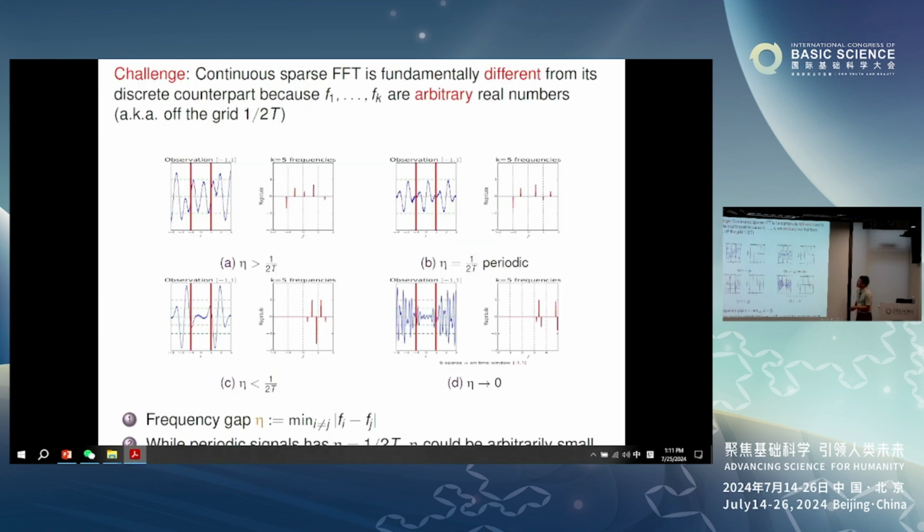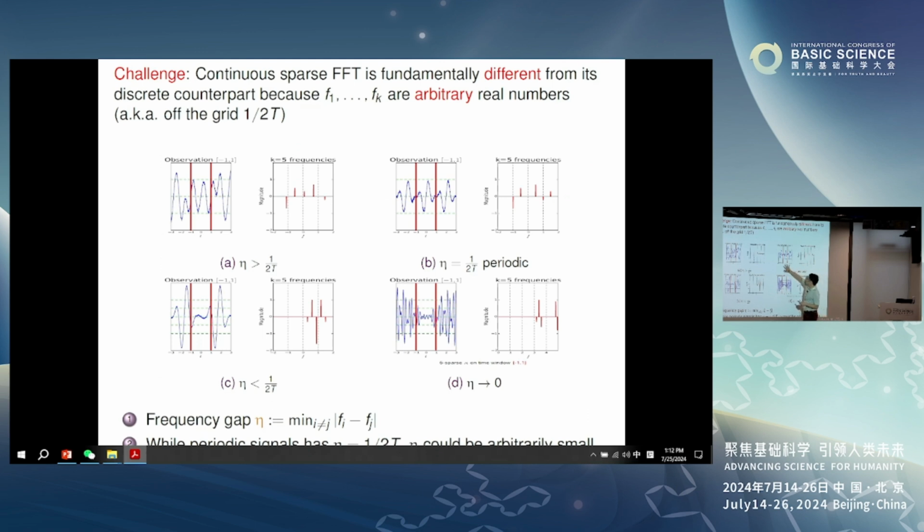The reason is that continuous sparse signals are fundamentally different from their discrete counterparts, because the frequencies f1 to fk could be arbitrary real numbers. Sometimes this is called off the grid. Let me explain what I mean by off the grid.